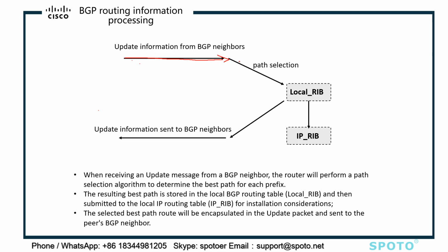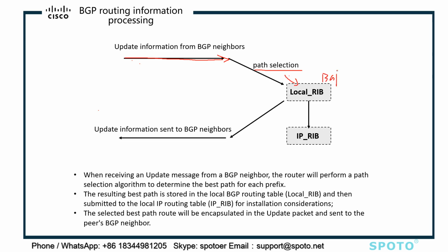When the router receives BGP routes from the neighbor, first of all, the BGP router will use the path selection algorithm to select the path, calculate, and save the route to its BGP routing table.